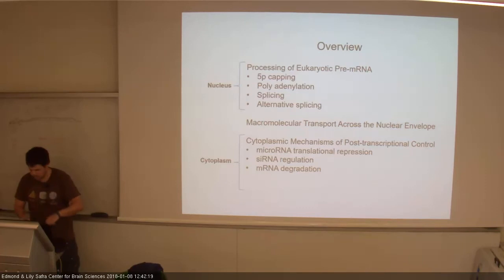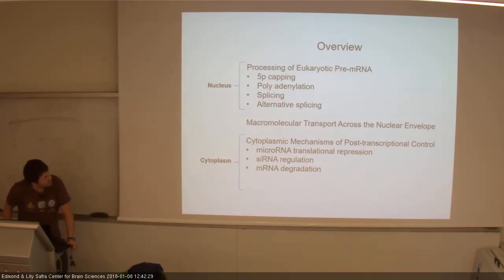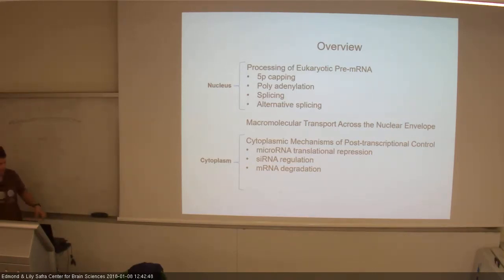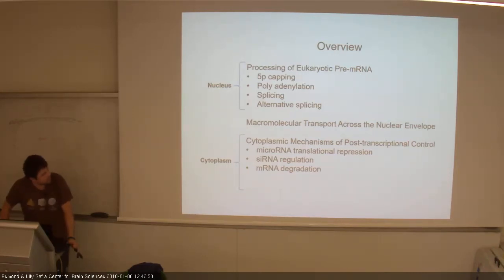Okay, so next class we're going to finish the last part of the chapter, which is the cytoplasmic mechanisms of post-transcriptional control, and then we'll go over the things for the test and the assignment, and any questions you might have. Normally this year, because of Christmas, I would finish the material in this class, and then you would have 2 weeks to prepare for the exam.